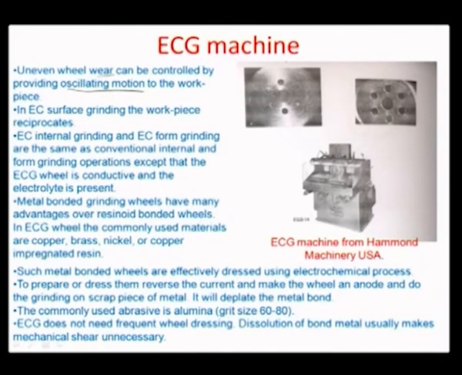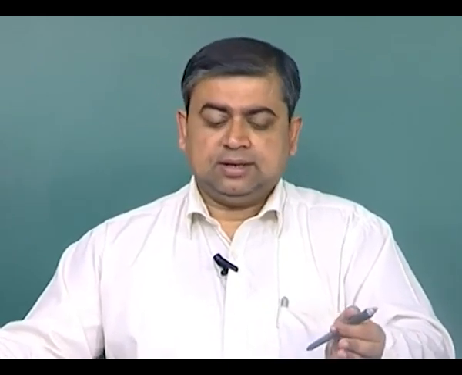So if you have the workpiece moving from one side to another, and you are having the grinding action by rotation motion, maybe the clockwise manner or even the anti-clockwise manner, it is always a high efficiency system. So you can oscillate, so that there is always a tendency of the work zone to come back and forth between this grinding wheel, and that way, by the frequency of the oscillation as such, the material surface can be smoother, and also the wheel wear rate can be reduced because of that.